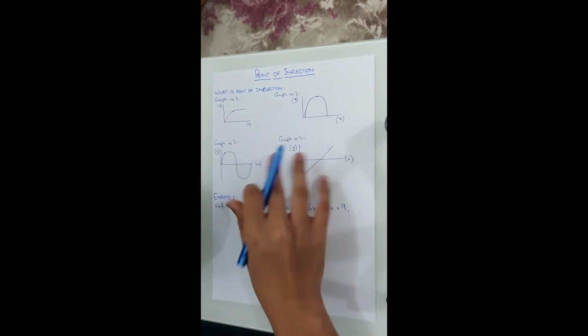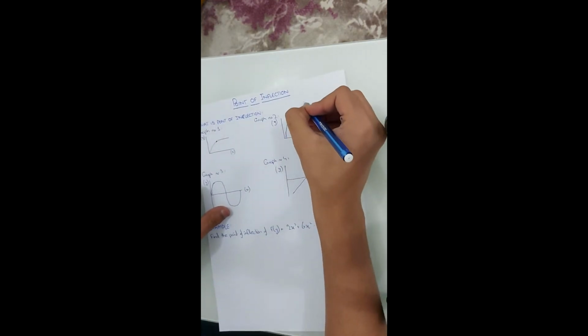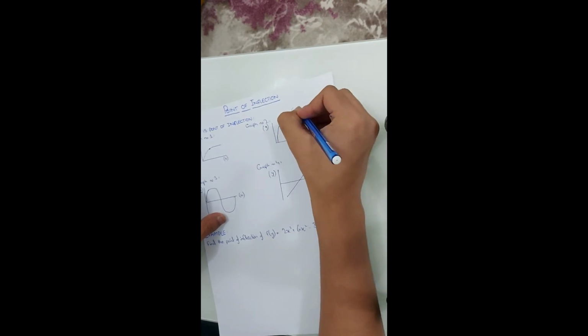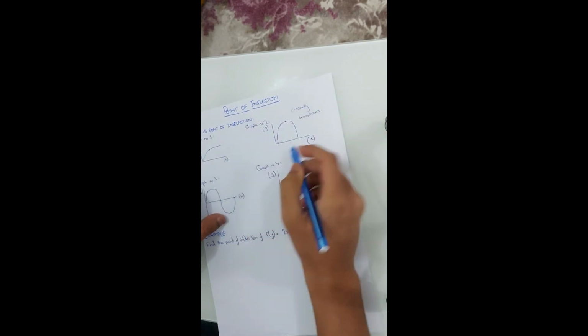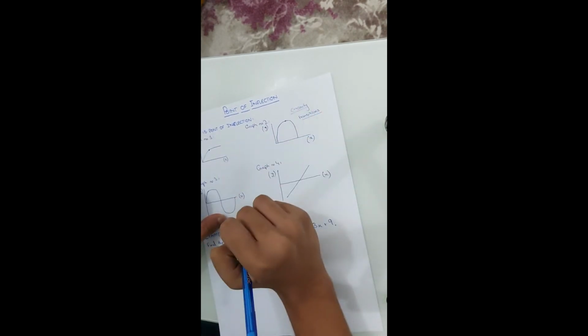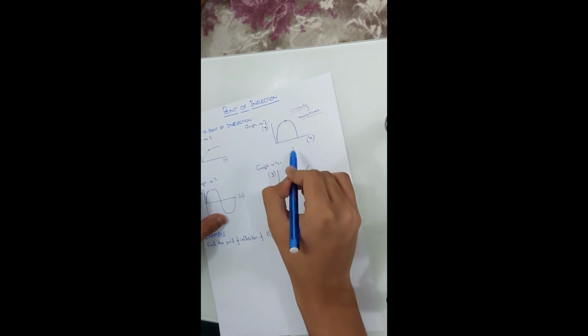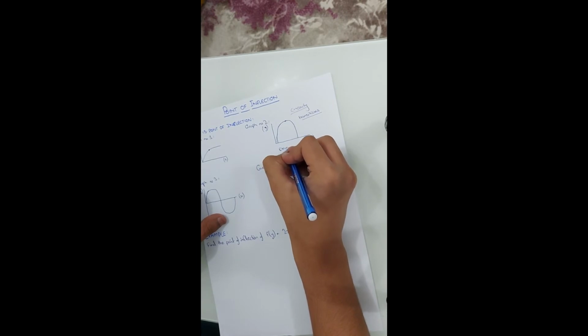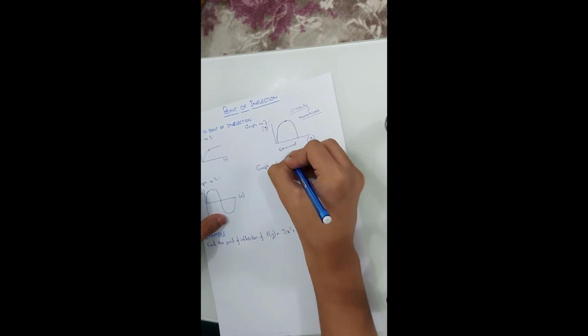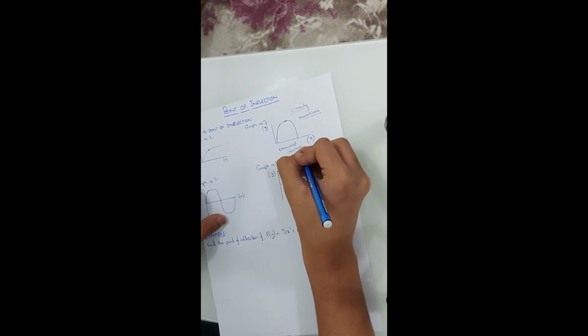Point of inflection is also known as concave transitions, or concavity transitions. This shape right here is known as downward concave.